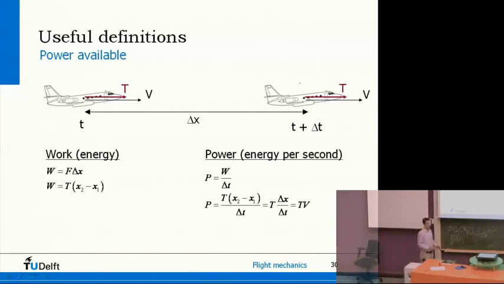If you make the delta small enough, you'll get the change of distance with time, which is airspeed. So this power is what we call power available, because it allows us to go from A to B, the power you have for transportation. So this is the most interesting thing. So power available is thrust times velocity.